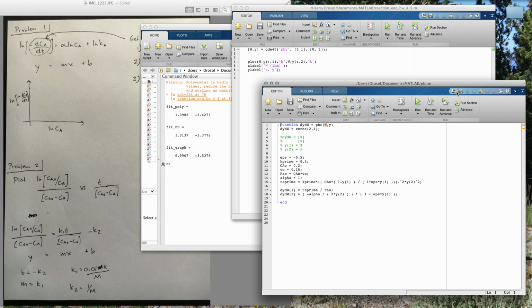I went through example 4-6 in pretty great detail, it was a pretty long video, and I showed basically how all this was set up as far as writing this function. So for this problem, I'm pretty much using the same code. The only thing I changed was these constants and RA prime.